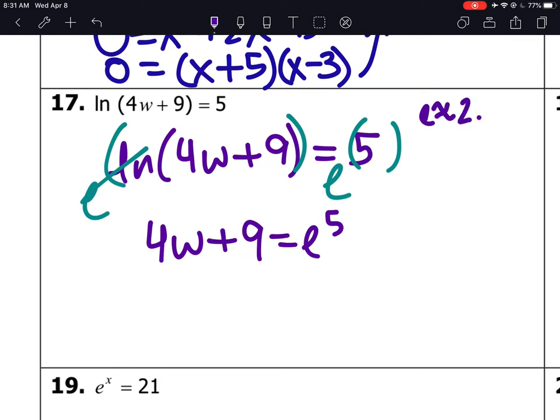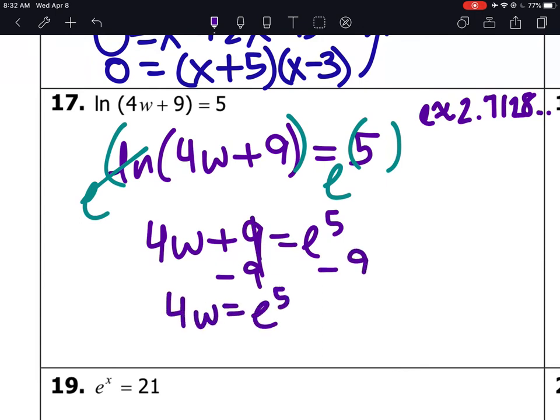E to the 5th power is going to be a very ugly decimal, because remember that e itself is 2.7128... So all I'm going to do is leave it as e to the 5th power and evaluate it at the very end. So that's what I get so far.